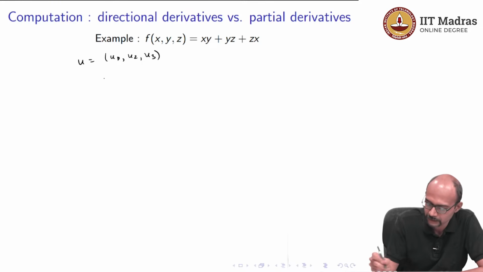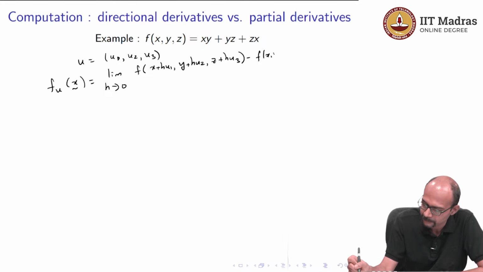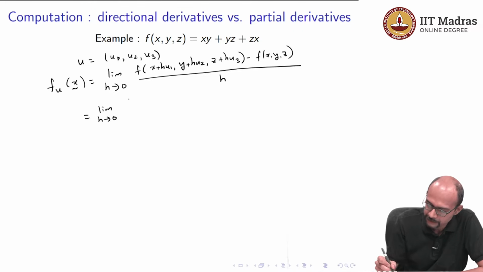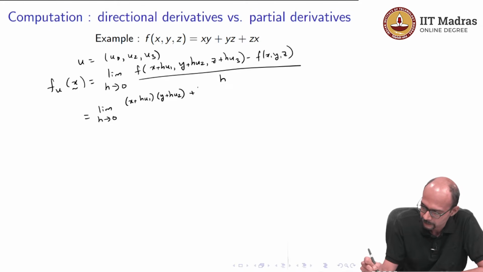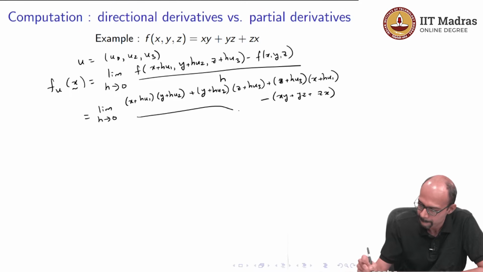So let us compute what f u is. f u of x tilde is by definition the limit as h tends to 0 of f of x plus h u1, y plus h u2, z plus h u3, minus f of x y z, divided by h, which is the limit as h tends to 0 of x plus h u1 times y plus h u2, plus y plus h u2 times z plus h u3, plus z plus h u3 times x plus h u1, minus x y plus y z plus z x, divided by h.